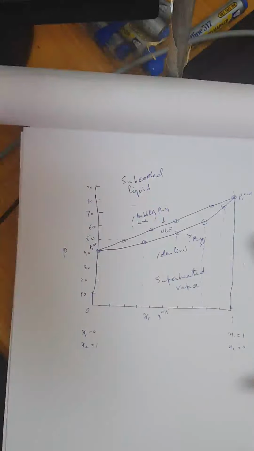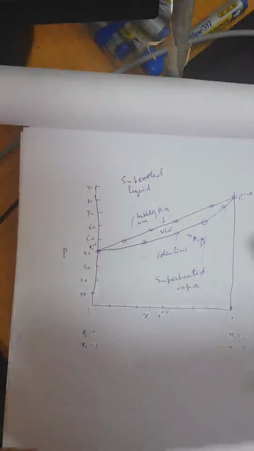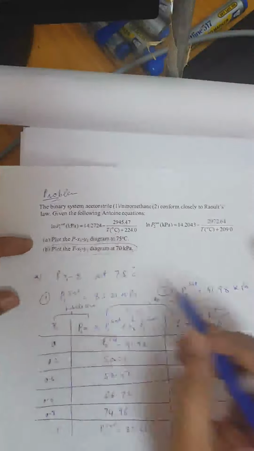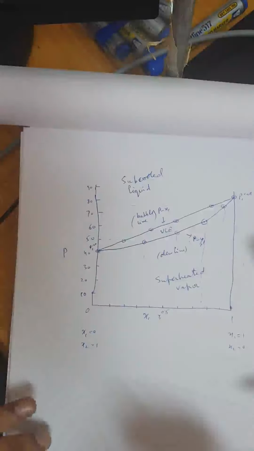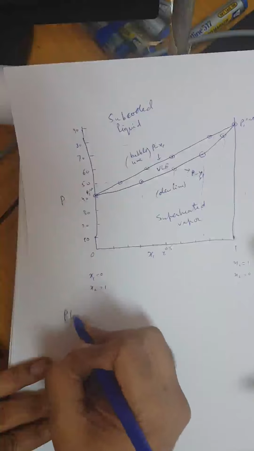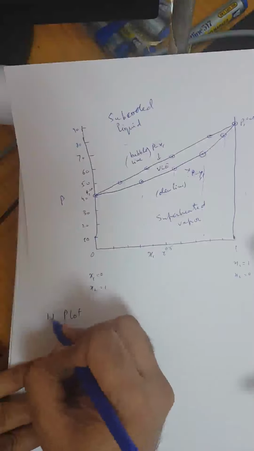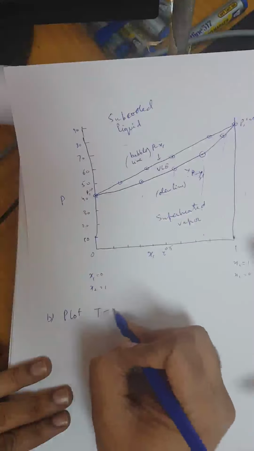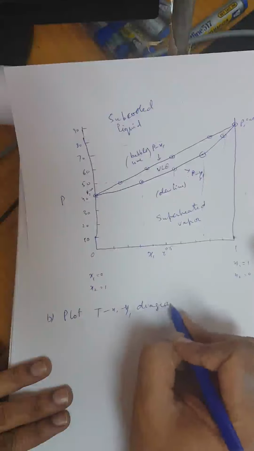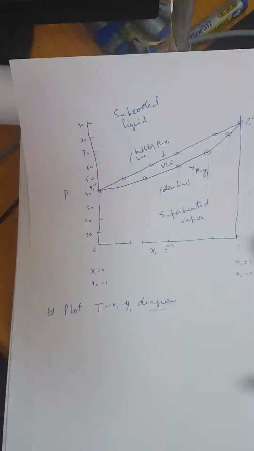So let's see part B. Part B is plot the Tx1y1 diagram.